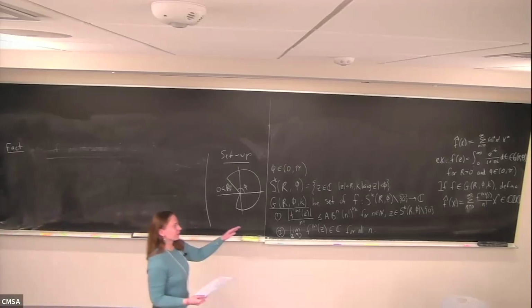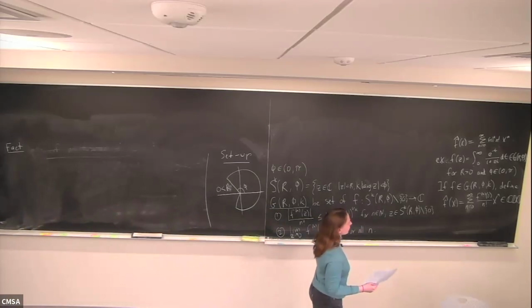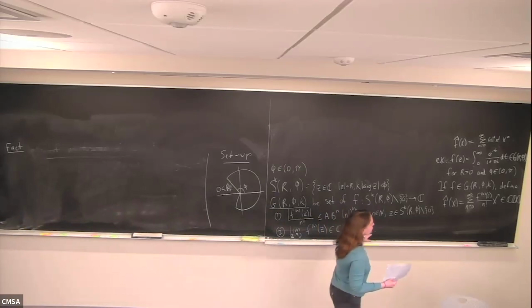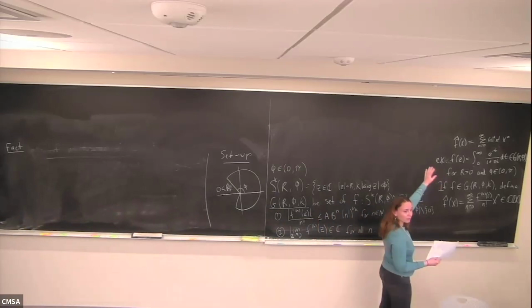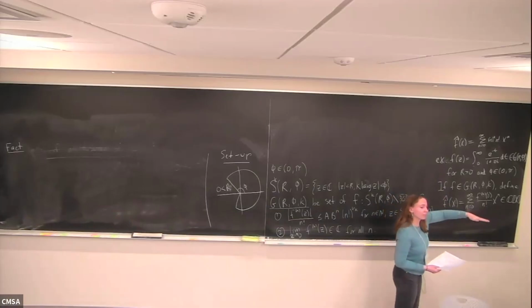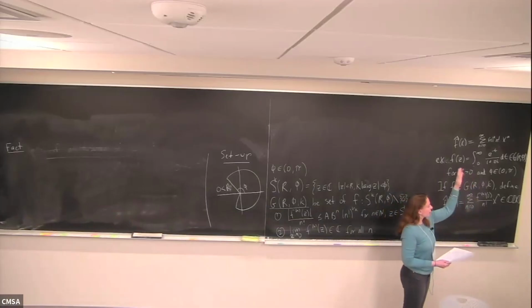So in this case, you don't get a branch cut along the negative real axis. If you work instead on the Riemann surface for the logarithm, you can show that you can do this Borel-Laplace summation in any direction except along the negative real axis.